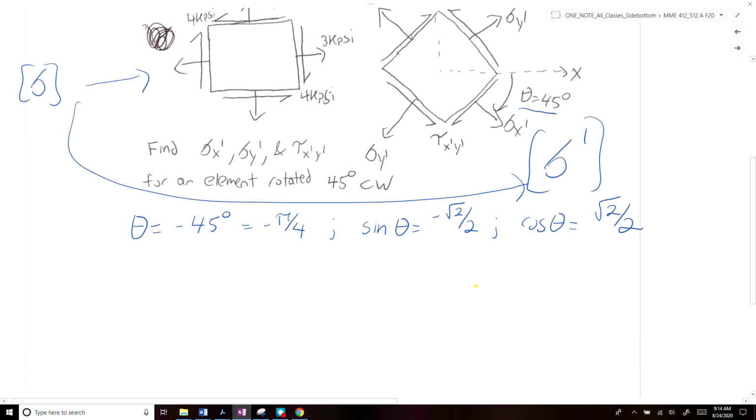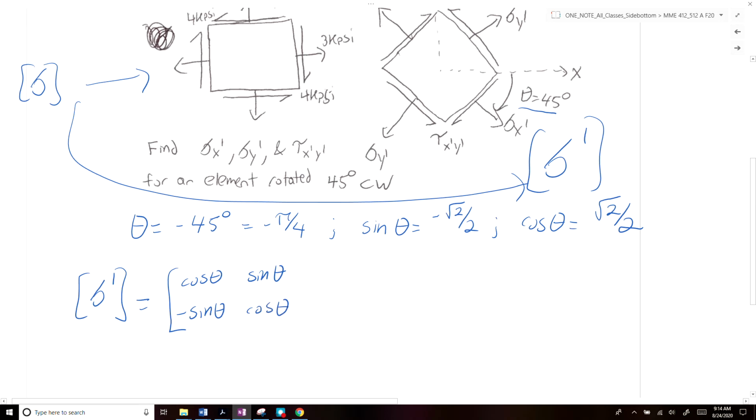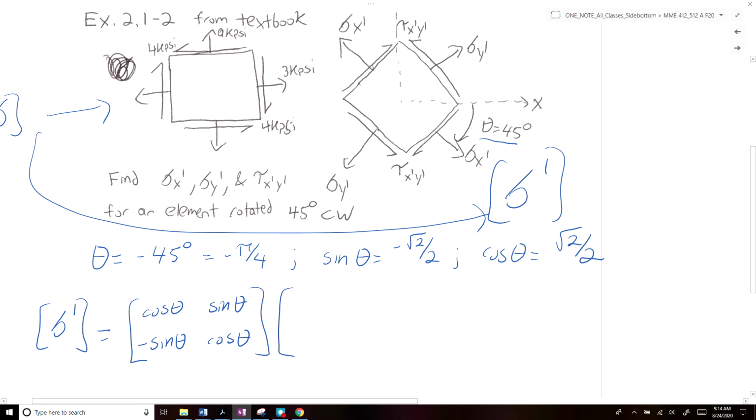Okay, so we know that our sigma prime matrix is equal to our transformation matrix, which is cosine theta, sine theta, minus sine theta, and cosine theta, times our current state of stress, which for this case we have the x stress equal to 3 kpsi, the stress in the y direction equal to 9 kpsi, and the shear stress equal to minus 4 kpsi.